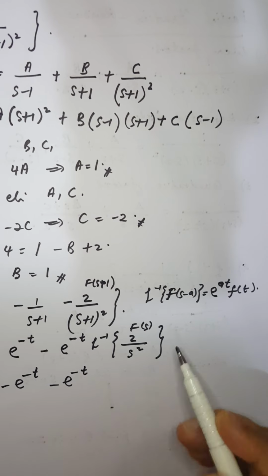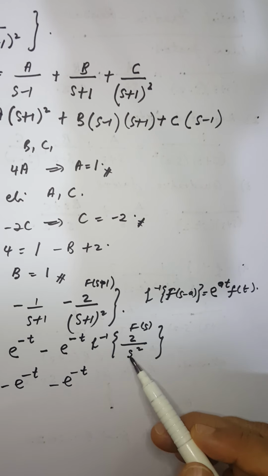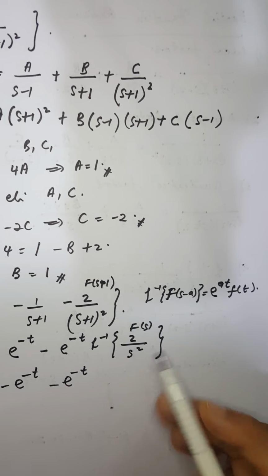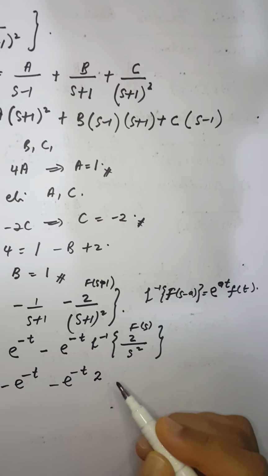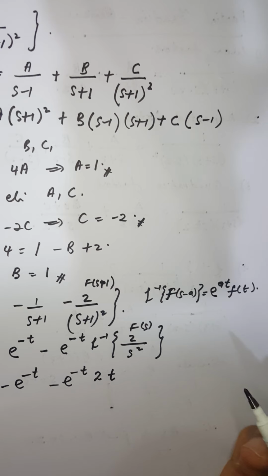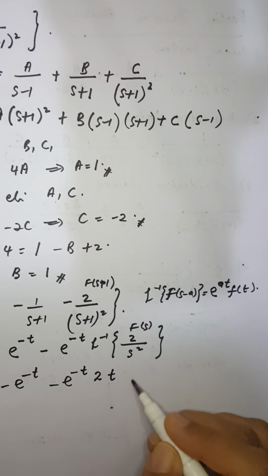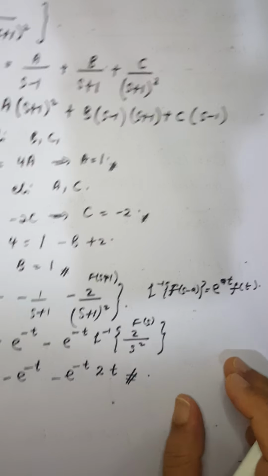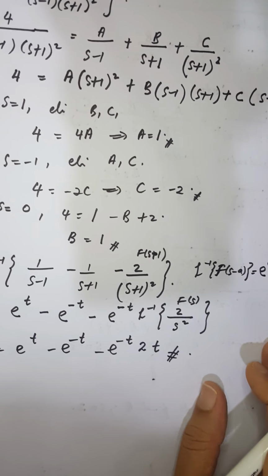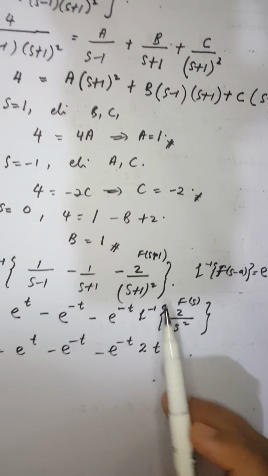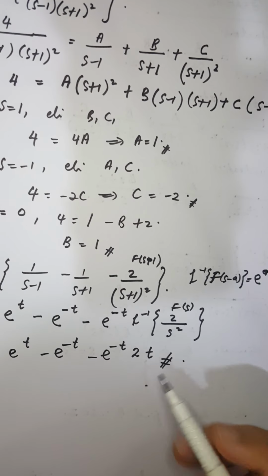Now it comes like this. n equals 1, so 1 factorial, we take out 2, so 1 factorial is 1, t to the power of 1, so 2t. Okay, this is the answer for B, the repeated factors just now.